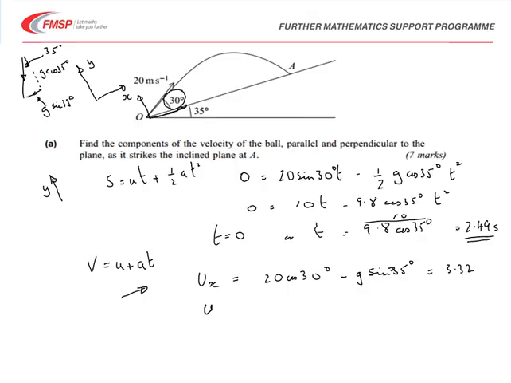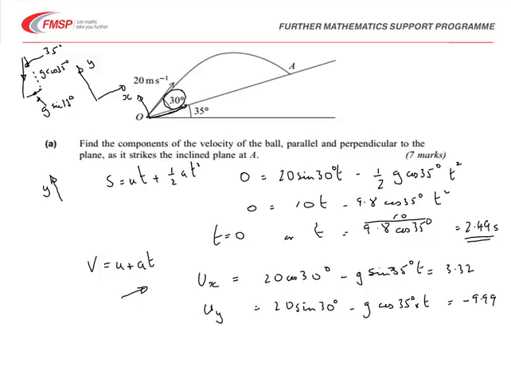In the y direction, Vy, similarly 20 sine 30 degrees, minus g cosine 35 degrees, times the time t, 2.49 seconds, and that turns out to be negative 9.99.